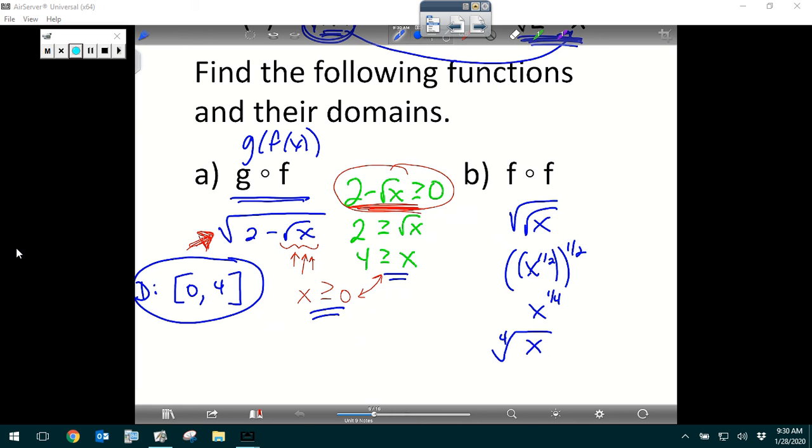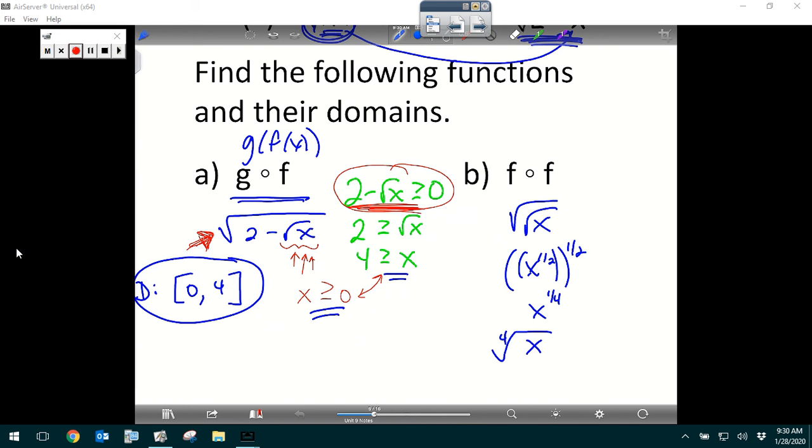So do we have any issues with the 4th root? Can we put any number in there that we want? We cannot. It's similar to square roots in that if it's an even root, it can't have a negative number in there. What about if it's an odd root? Is that okay?